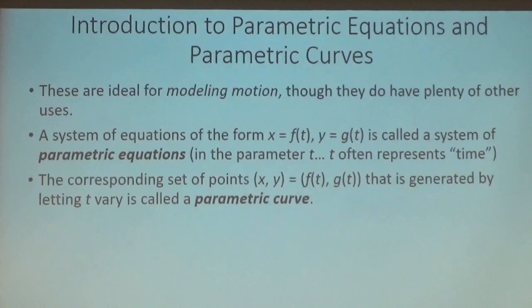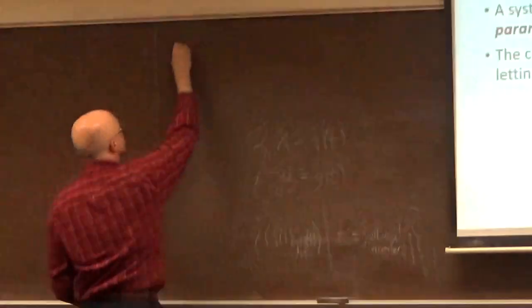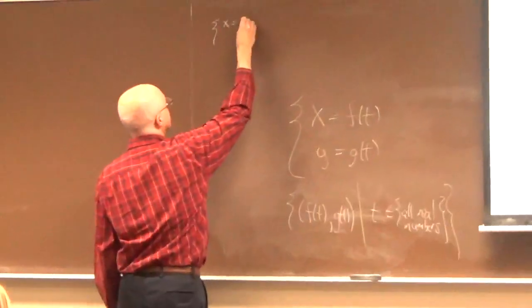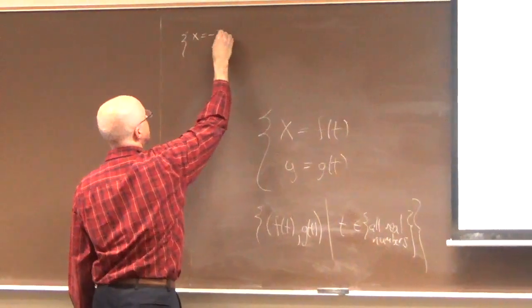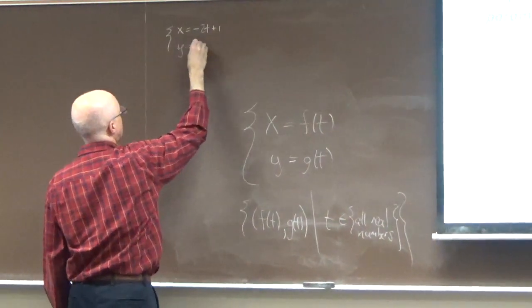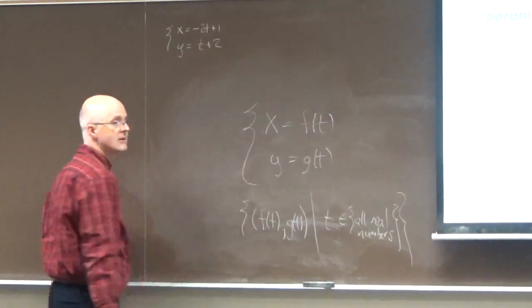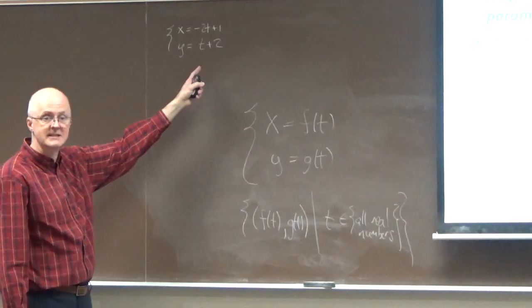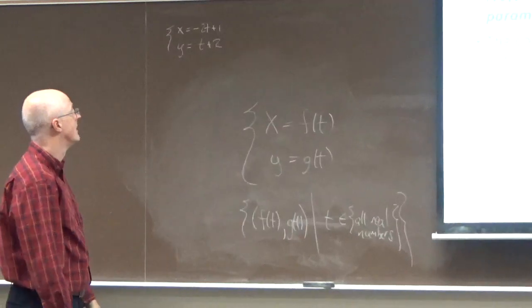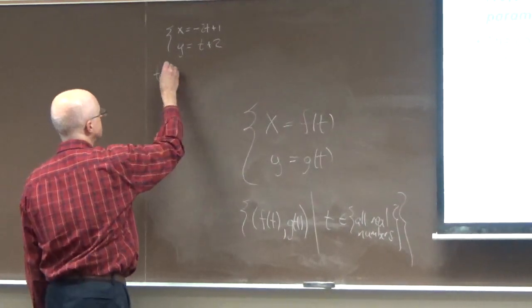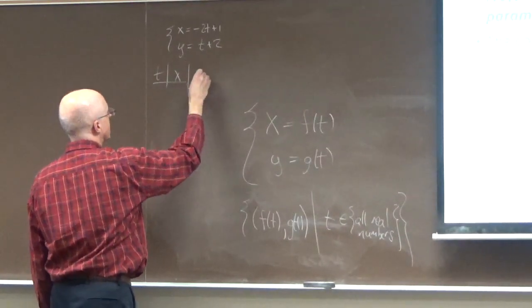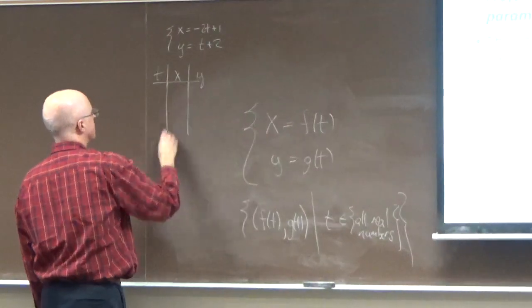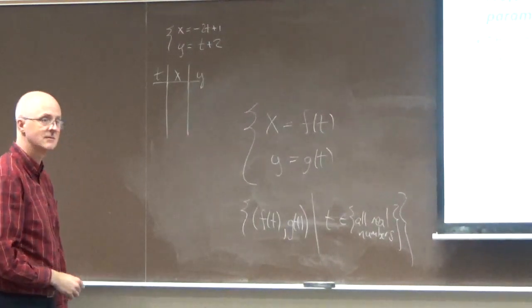Quick example. If x equals negative 2t plus 1 and y equals t plus 2, to plot the parametric curve defined by this system of parametric equations, you can use technology, but you can also plot points. Make a table with 3 columns.